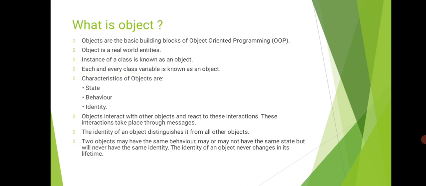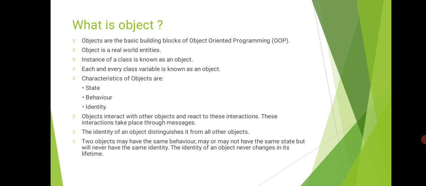Objects can also be defined as an instance of a class. They are nothing but instances, right? Objects are instances of a class. So what does instance mean? Instance means allocating a sufficient amount of memory space for the data members of a class.